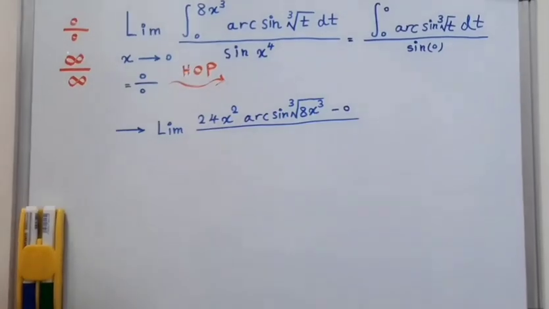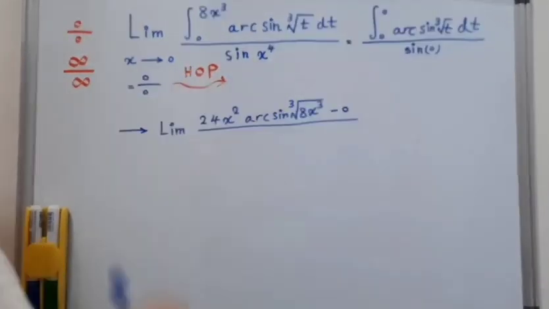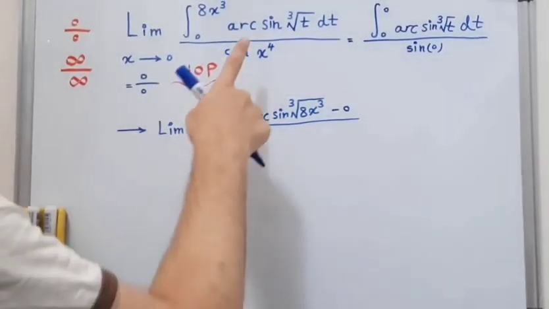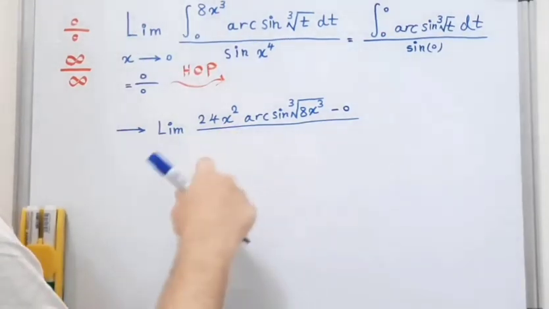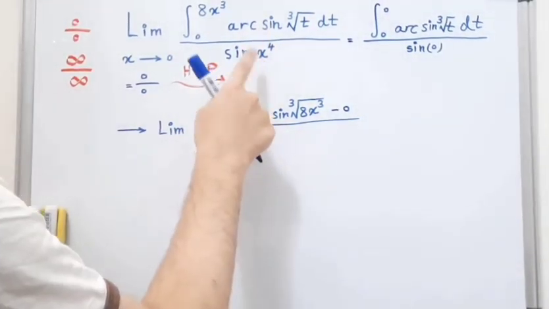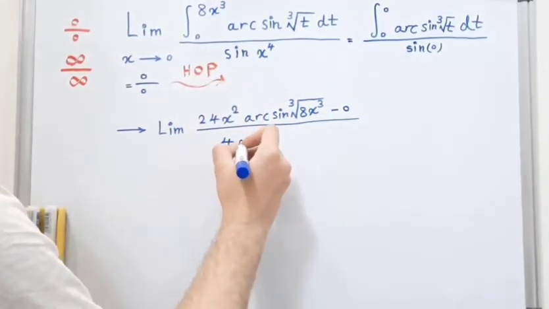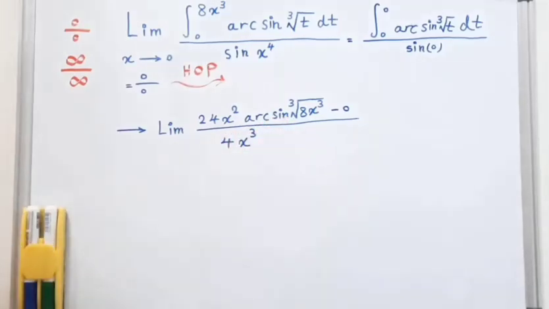Minus 0, and the L'Hopital of this will be n, that is 1, and u prime will be 4x to the power 3.